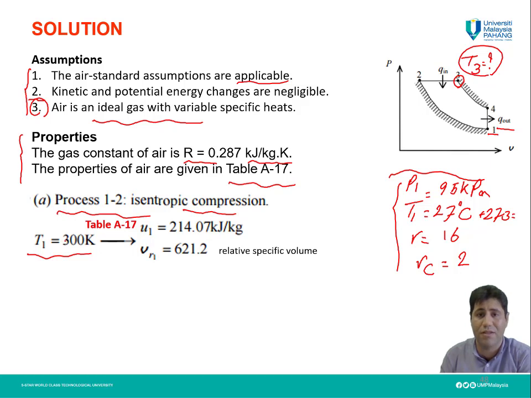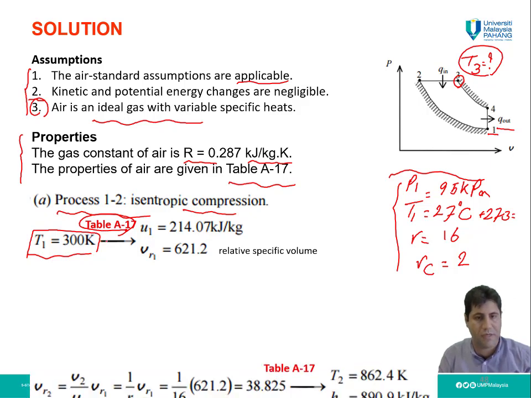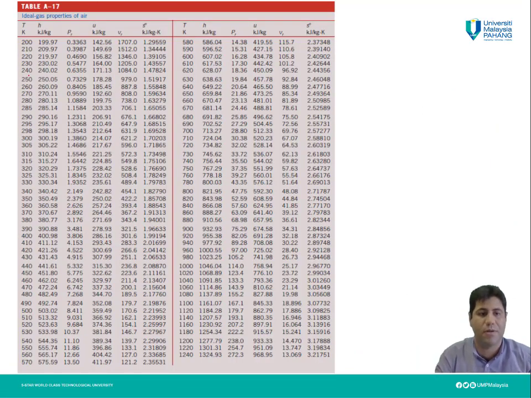So to find the thermodynamic properties for this temperature, we can refer to table A17. This is table A17, the ideal gas properties of air. The temperature is 300 Kelvin, so the thermodynamic properties for air as an ideal gas at this temperature can be read from this table.